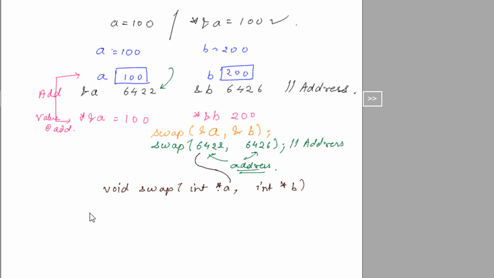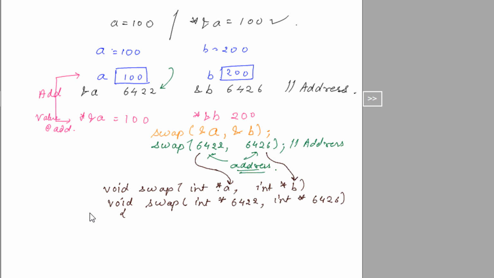This 6422 will be copied to A, 6426 will be copied to B, right? So indirectly, what it will become? void swap(int *6422, int *6426), right? So now you can see I am passing an address to the function.